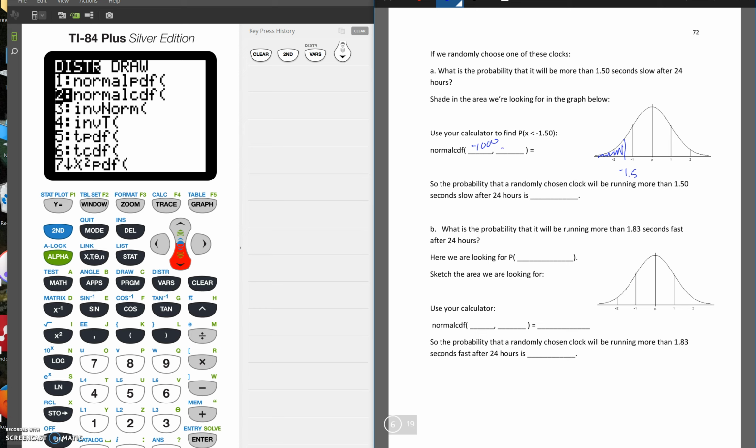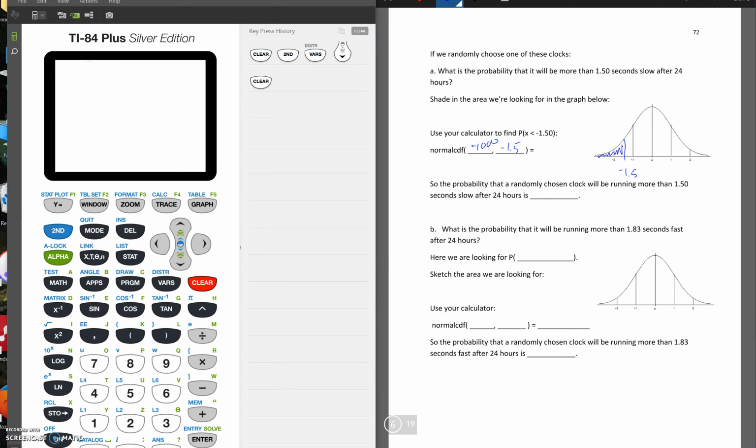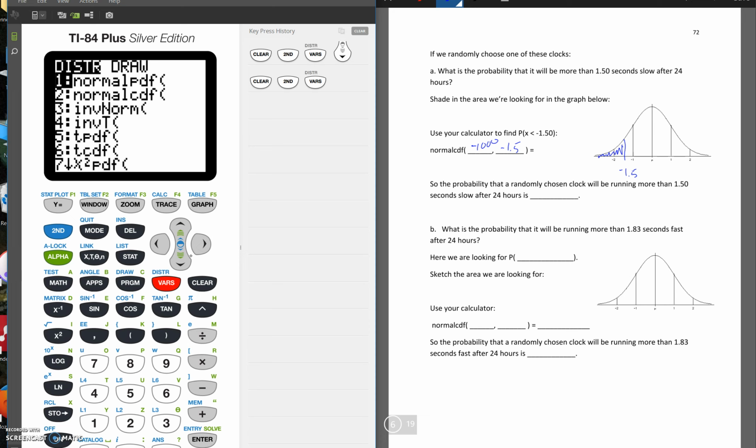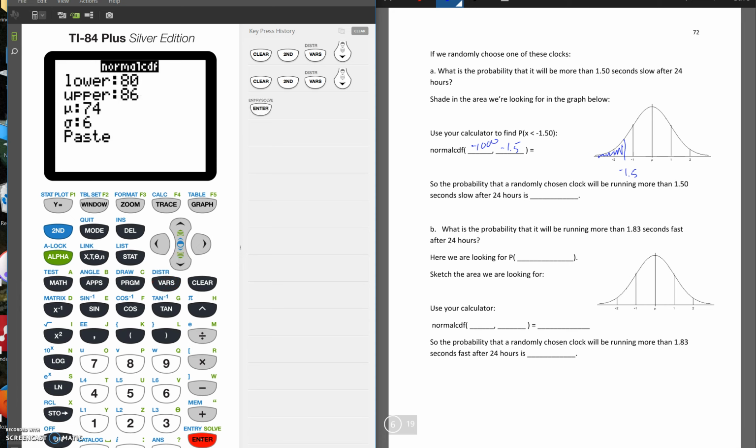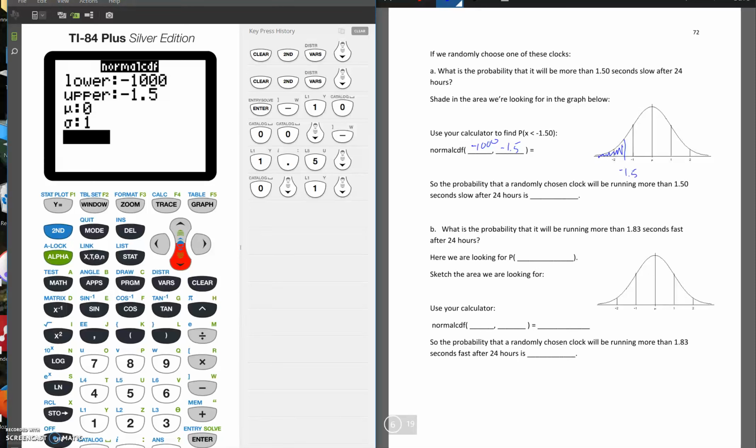So in our calculator, we're going to do second distribution, normal CDF. Our lower here is going to be negative 1,000. Our upper is going to be negative 1.5.